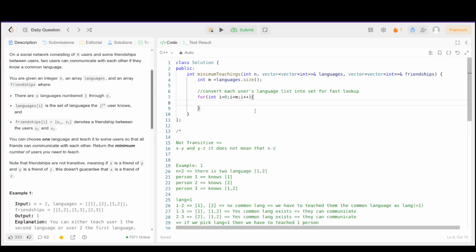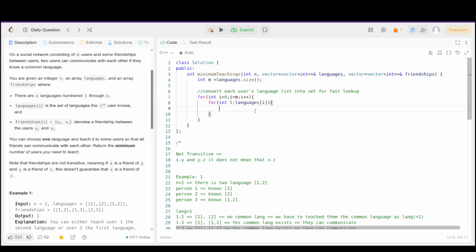And for each language l in languages of i, that is, the ith user knows the language.